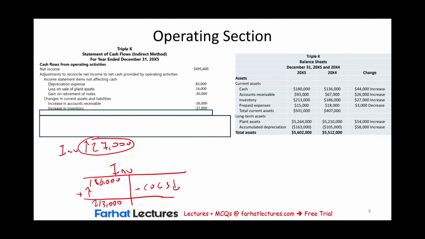What does that mean? Well, it means overall, I end up with more inventory than I should have. It means I purchased inventory. If I purchase inventory, it means I consumed cash. But if you look at the additional information, it says all your inventory is purchased on credit.